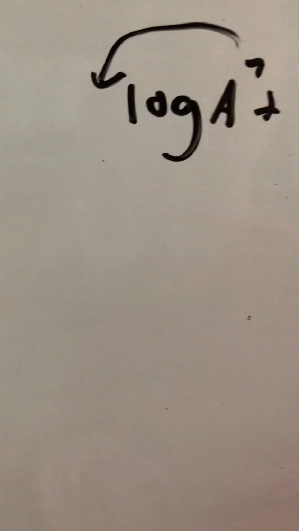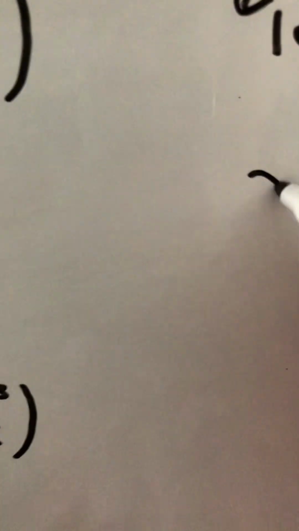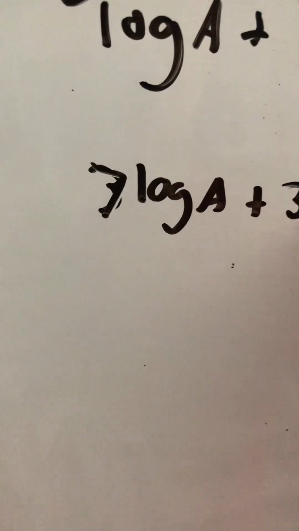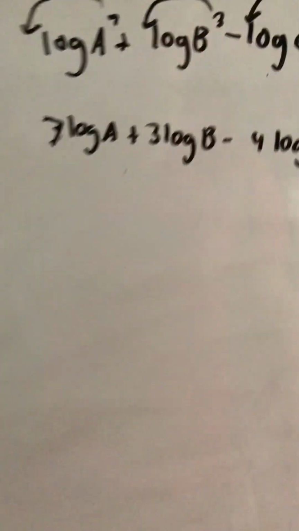So I'm going to put the 7 in front of the log A, 3 in front of the log B, and then 4 in front of the log C. So this would be 7 log A, plus 3 log B, minus 4 log C. And that's how you expand logs.